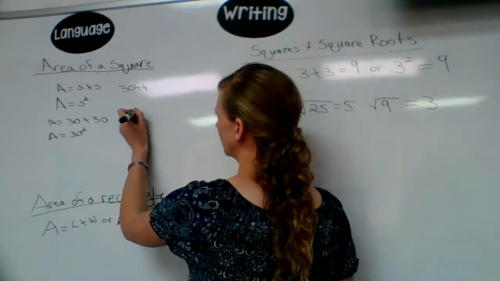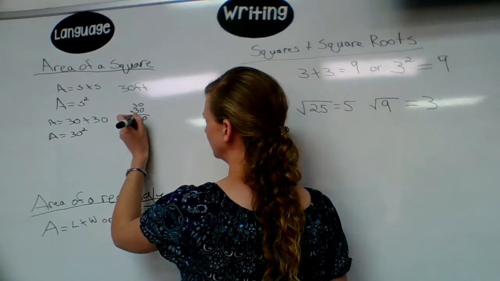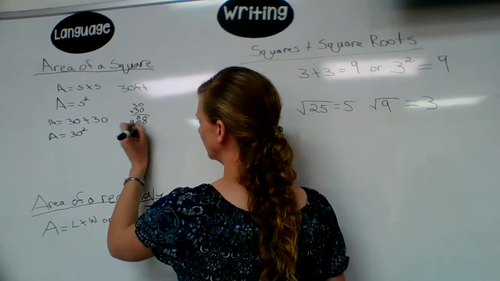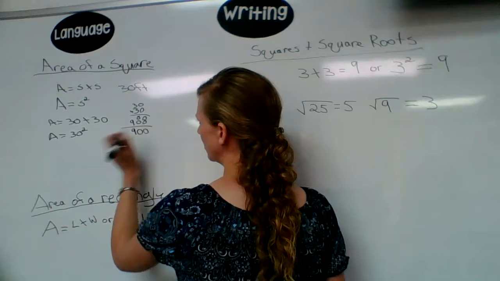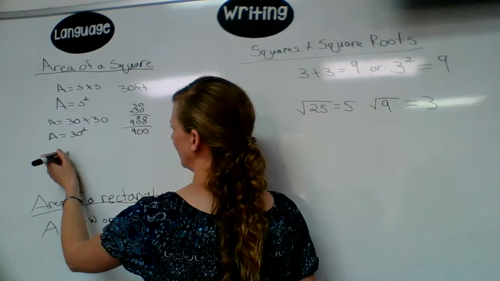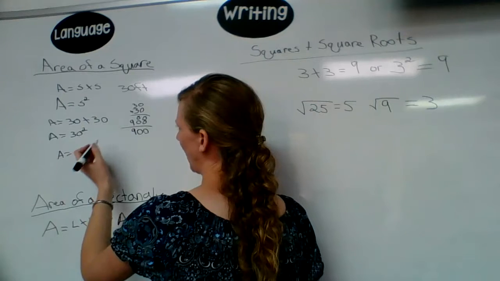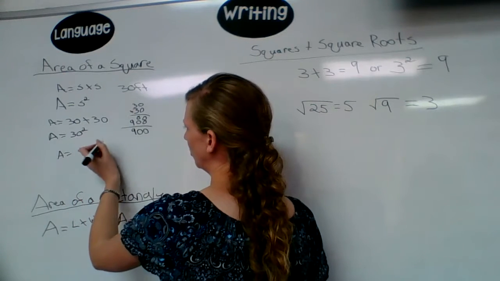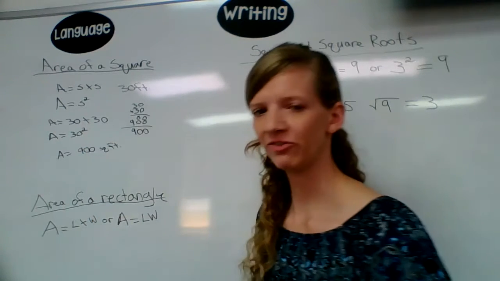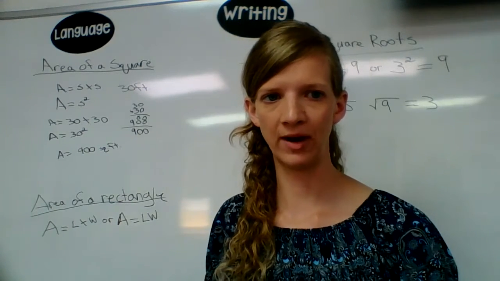So let's multiply it out. So after we've multiplied it out, his area equals 900, and remember, after you are finding the area, it's no longer feet, it's square feet. So he needs 900 square feet of grass in order to fill his whole yard with grass.